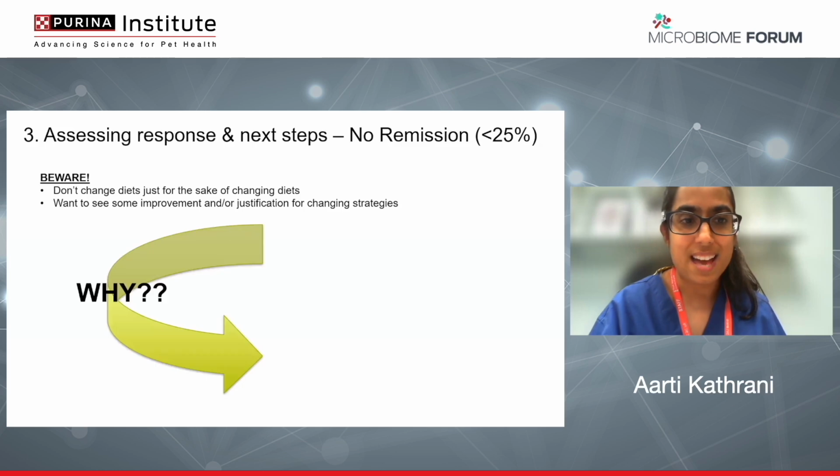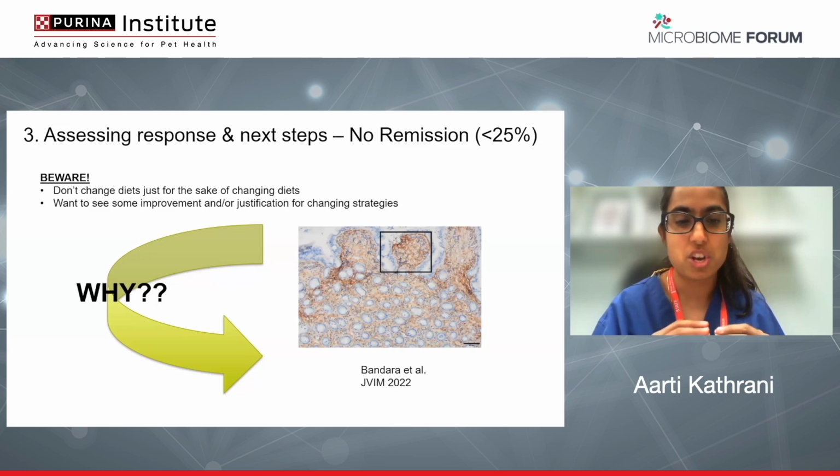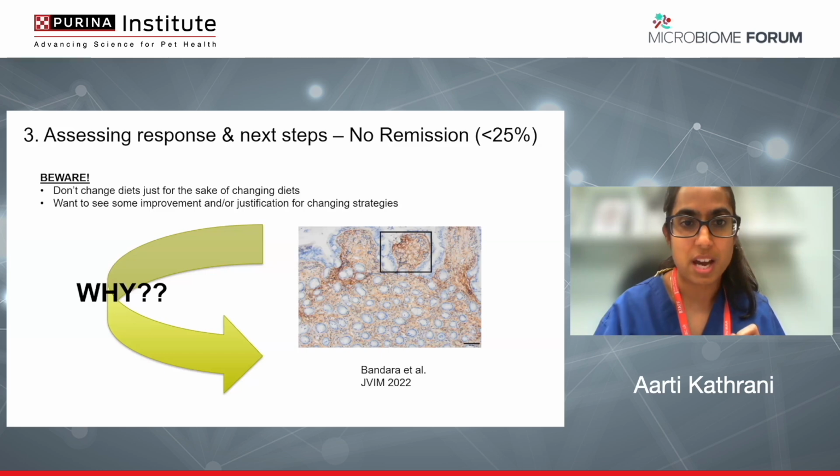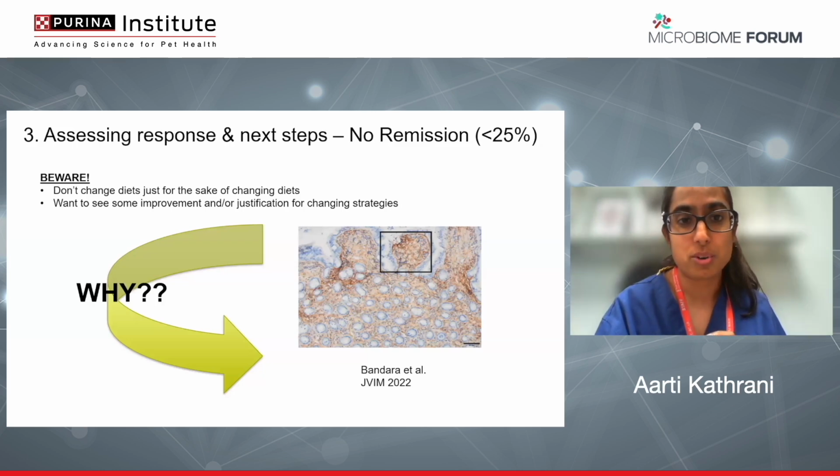And why is that? The reason is because we recently published a study in cats where we showed that cats that developed colonic fibrosis were less likely to go into remission and more likely to die from their GI disease. So what I worry about is whether this is the case in dogs.